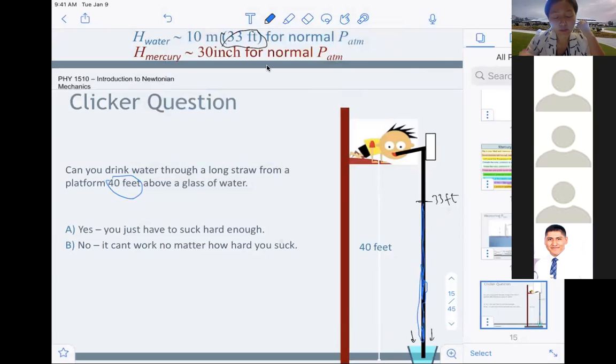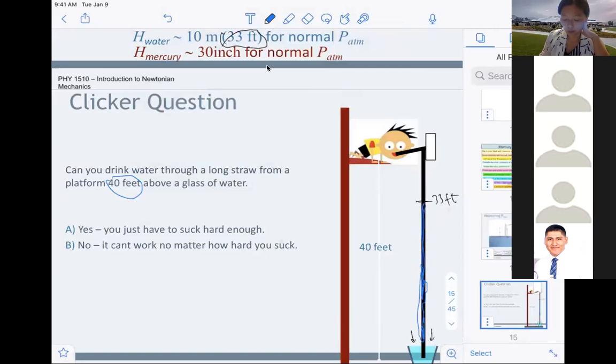So it's not about you physically exerting a force on the liquid to get it in. It's the atmosphere doing the work. And you can see that, yes, you can create a 40 feet long vacuum in the straw, but the atmosphere pressure can only push up the water to a point of 33 feet. At that point, the whole thing has reached a static equilibrium.